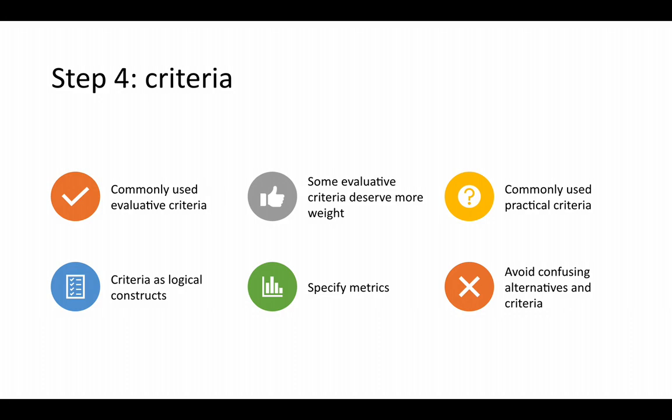Now, the other issue related to this is if some of the criteria are actually quantifiable, then quantify them, specify the metrics. And also you need to avoid confusing alternatives and criteria because that will not help you to clearly address the problem that you want to solve.